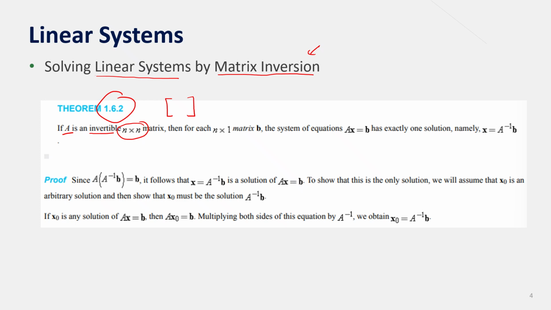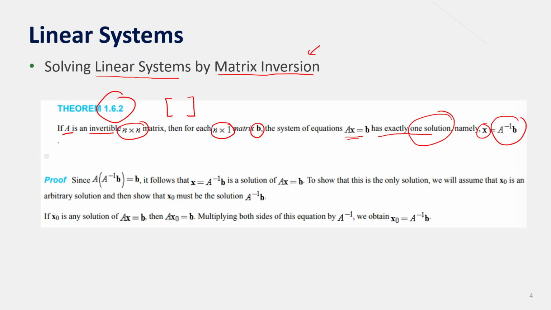Okay, then for each n by 1 matrix B, we can solve the equation A multiplied by x equals b, which has exactly one solution, namely, if you want to find the variable x, it will equal A inverse b.